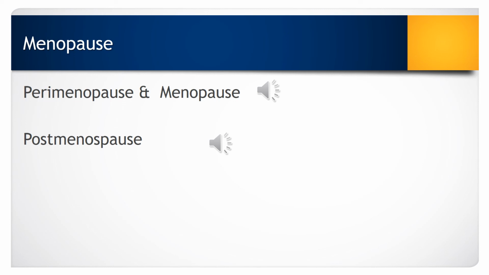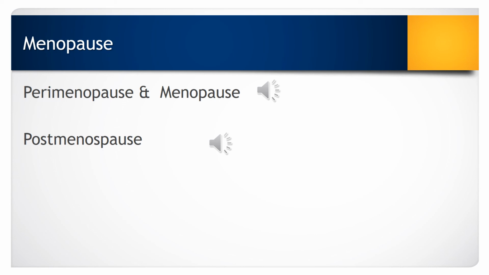And so what we find is that during this perimenopause period, there is a decreasing of estrogen in the woman's body. And so we'll talk about what impact that has on a postmenopausal woman, a woman who has gone through menopause.